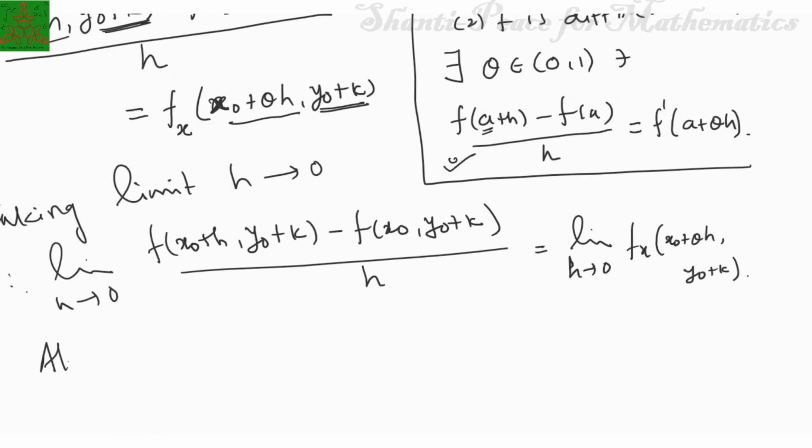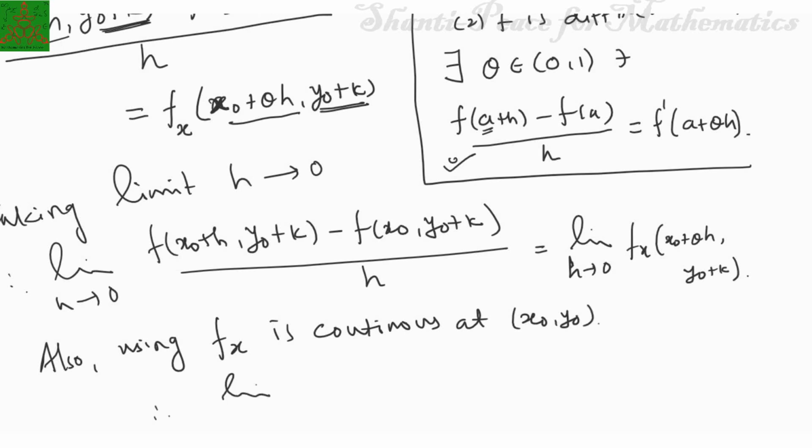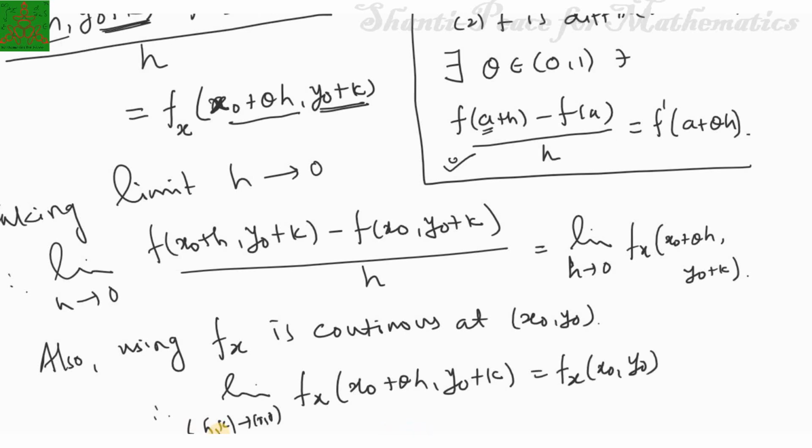Also using the argument that fx is continuous at (x0, y0), the limit of fx at (x0 plus theta h, y0 plus k) as (h, k) tends to (0, 0) will be fx at (x0, y0).